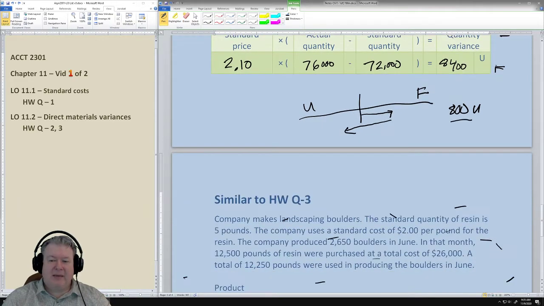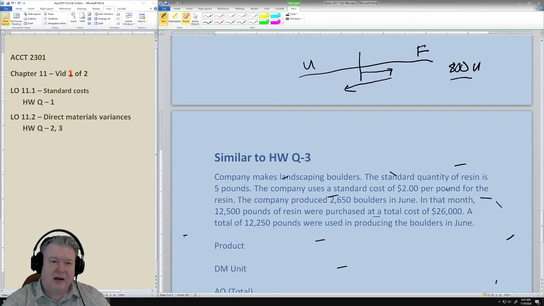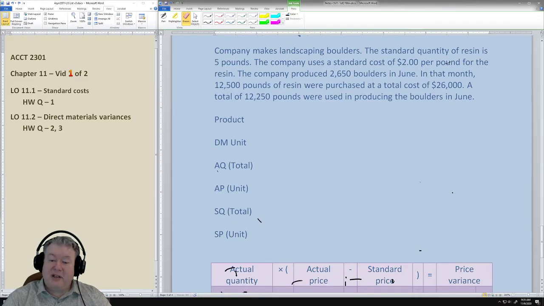So let's take this same thing with the next one. And the truth is, what I've just done here is the majority of this chapter. In fact, I think it's almost everything in this chapter.